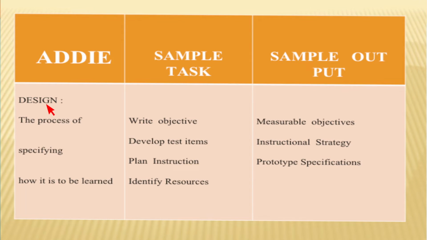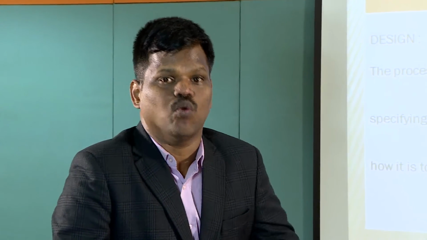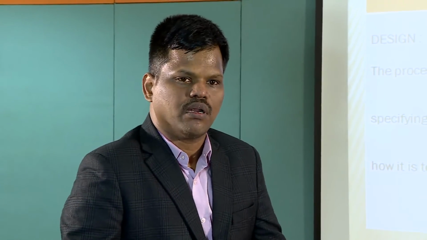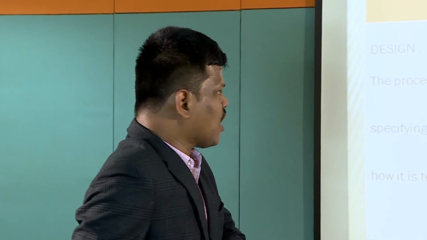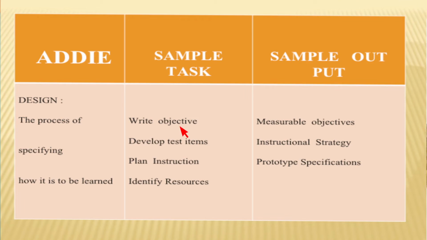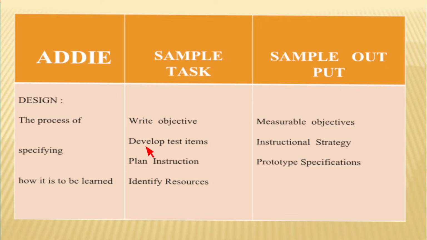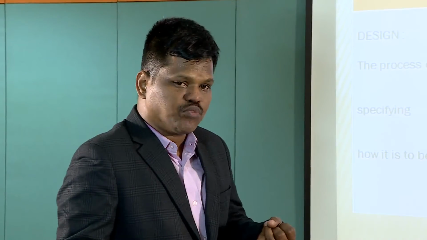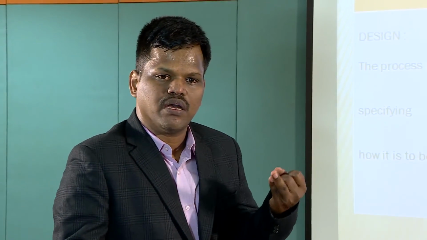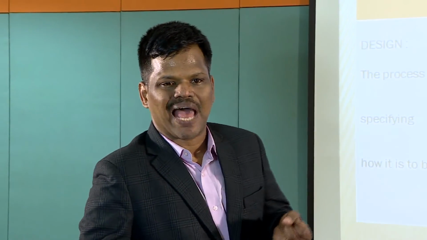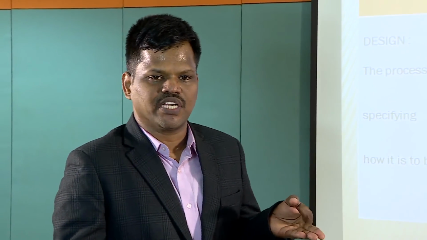The design part is the process of specifying how it is to be learned. That is the situations we want to create, how they may be learned. What is the task? Write the objectives, the list of outcomes that will be learned, develop the test items, plan instructions and identify the resources.